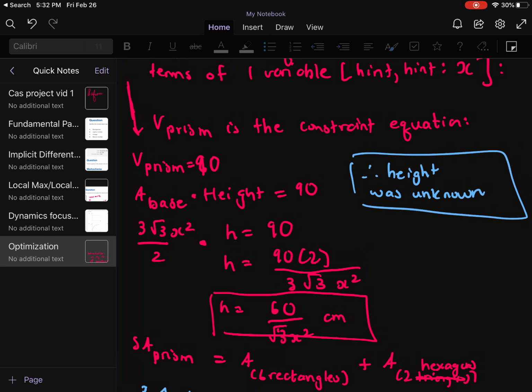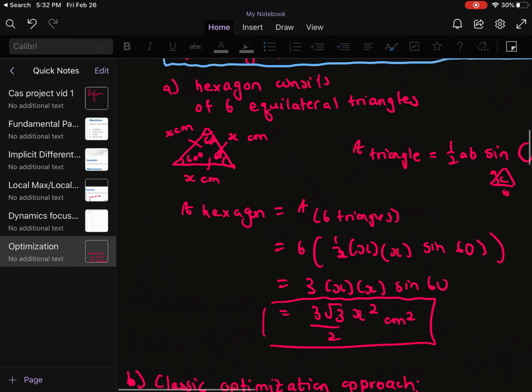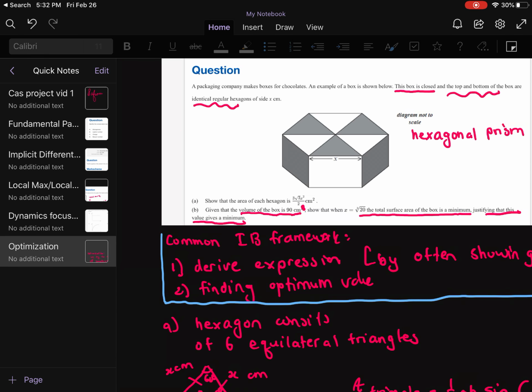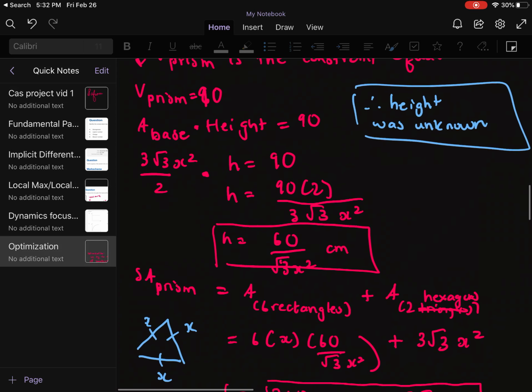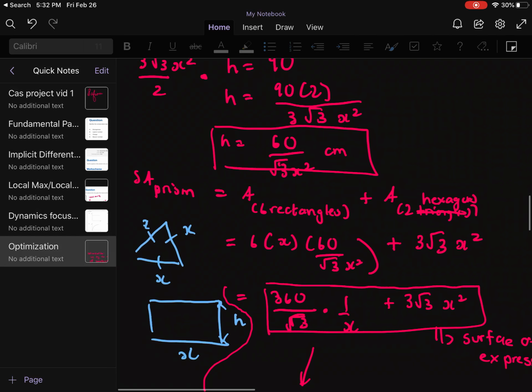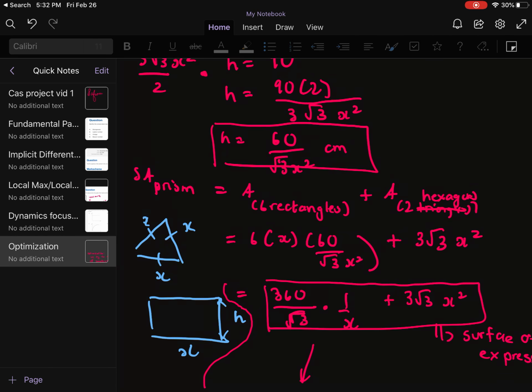Now, the equation for the surface area of a prism can be represented by the area of the 6 rectangles, so 1, 2, 3, 4, 5, 6, and the area of 2 hexagons, one at the top, one on the bottom. And I've drawn the diagrams here. So x, x, x, x, and h. So it's 6 rectangles and 2 hexagons.